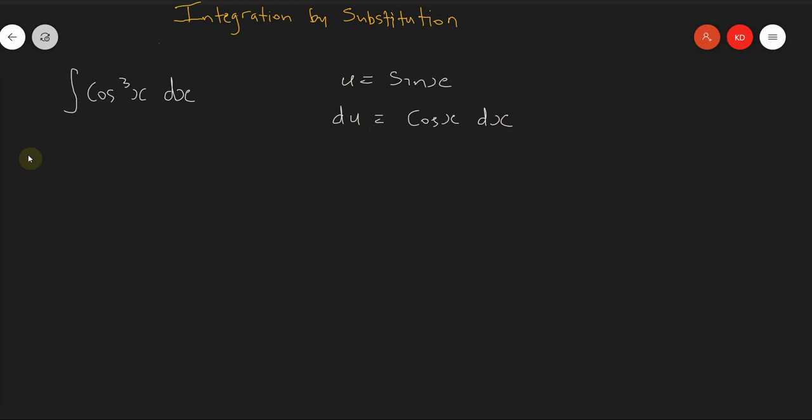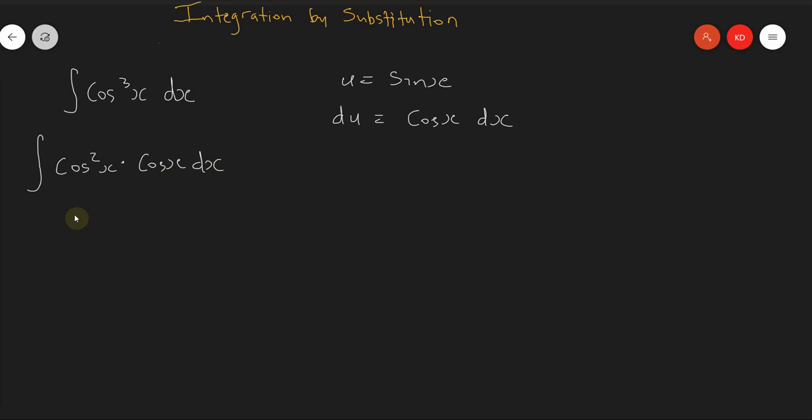So what we can do, based on how the problem is set up and the substitution that we made, and given what du is, we can say that, okay, let's rewrite cos cubed x as cos squared x times cos x dx. Right? Already you can kind of see where I'm getting at.